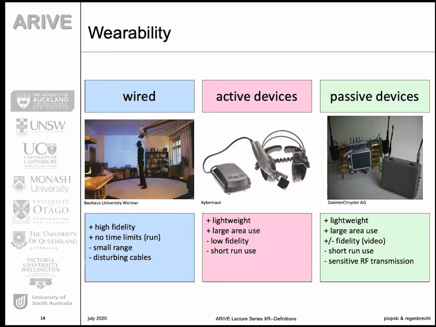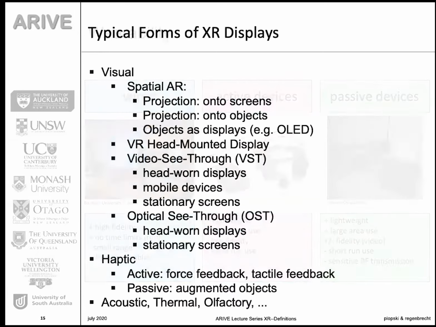Now, to provide this experience, it is usually visual information that we are focusing on. And here we have different types of displays. We have spatial AR, where we are projecting onto screens or onto objects. We have virtual reality head-mounted displays. We have video see-through experiences where we are using either displays or mobile devices, for example, your smartphone or your tablet PC.